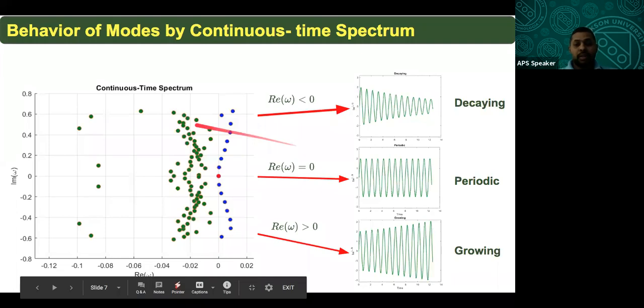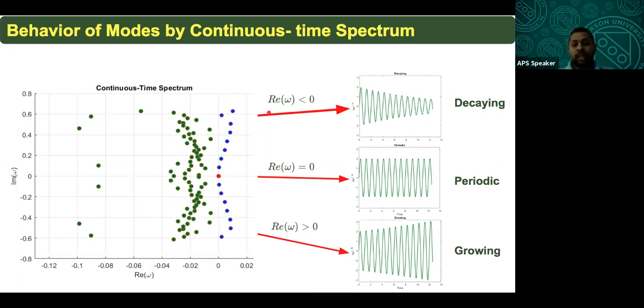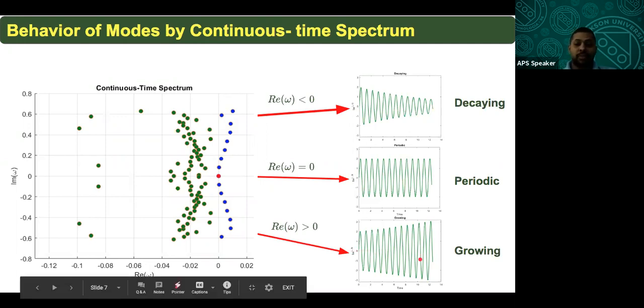We can use the real part of the omega values to think about decaying and growing features, and as we discussed before, we can think about the periodicity if we have the imaginary part. If you have a negative real part, it is decaying. If you have a positive real part, then it is growing.